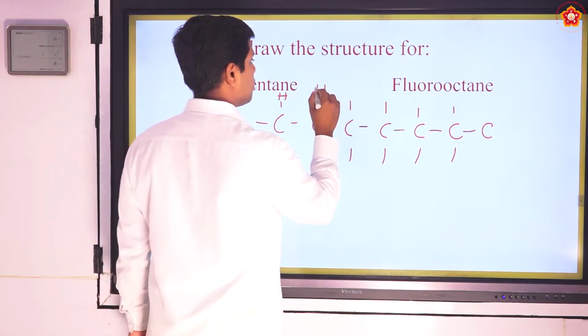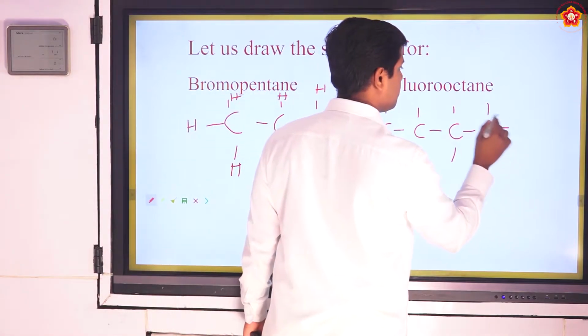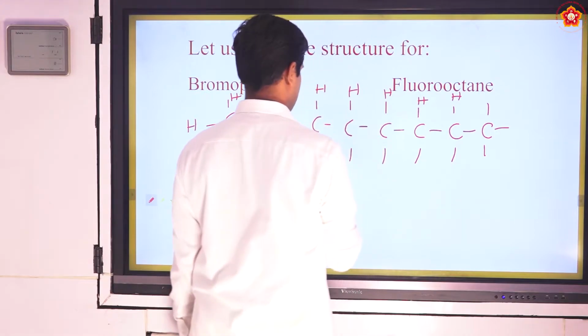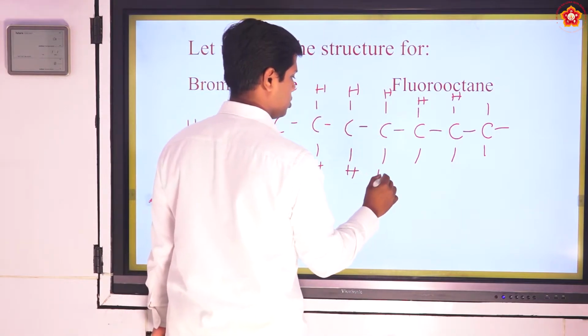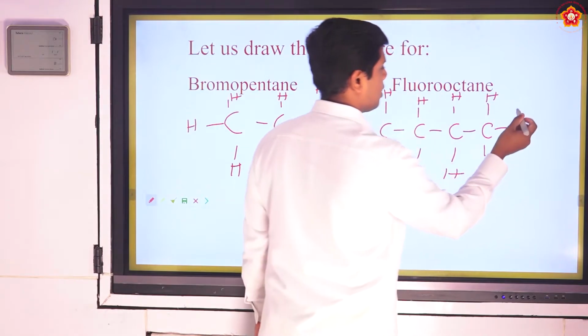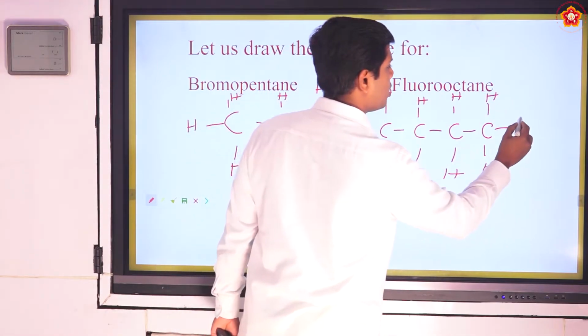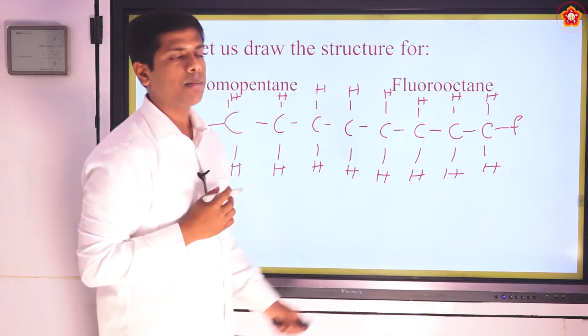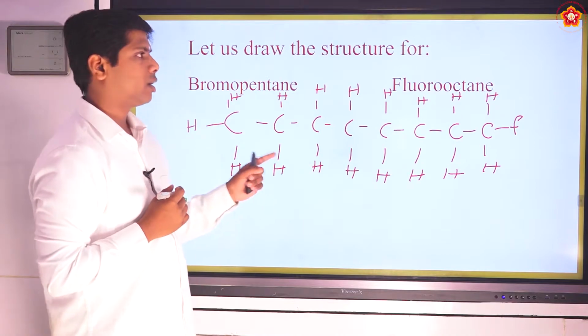In the first carbon atom, one of the hydrogen atoms is replaced by fluoro, then it becomes fluorooctane.